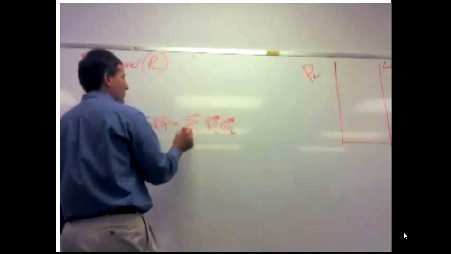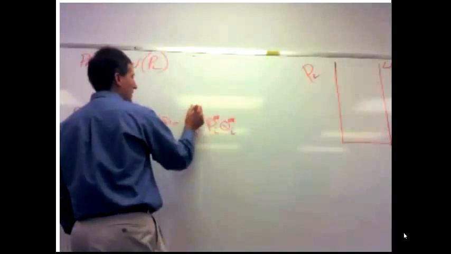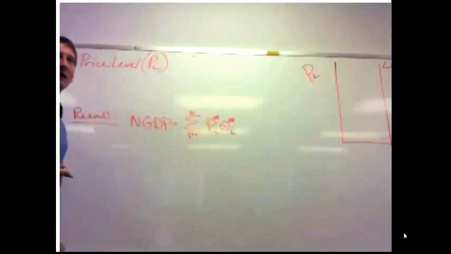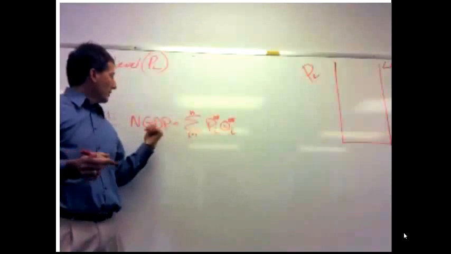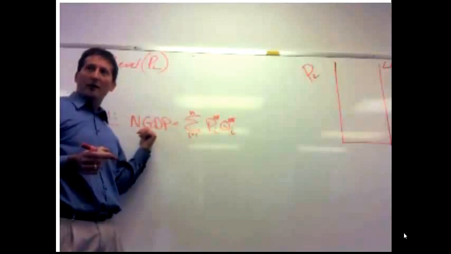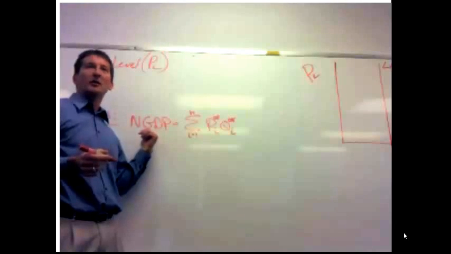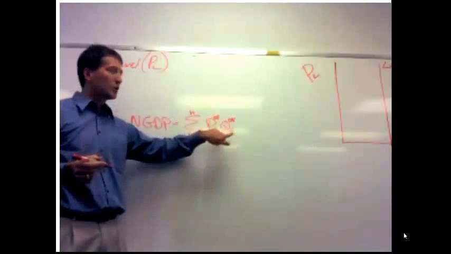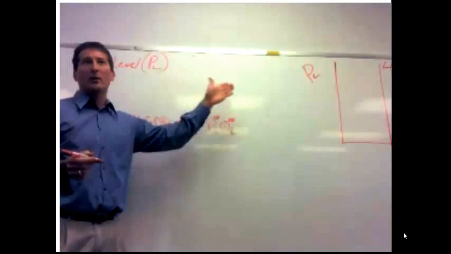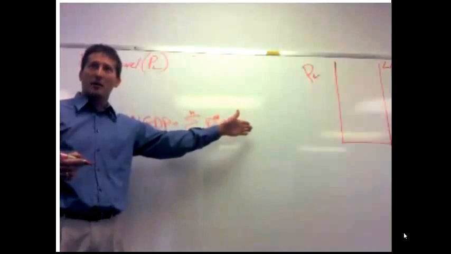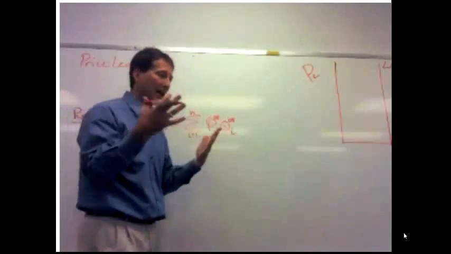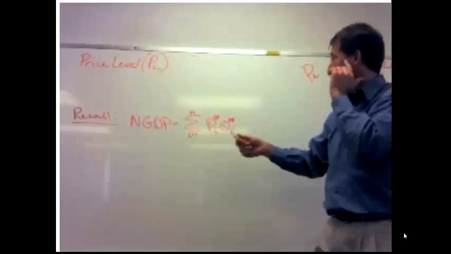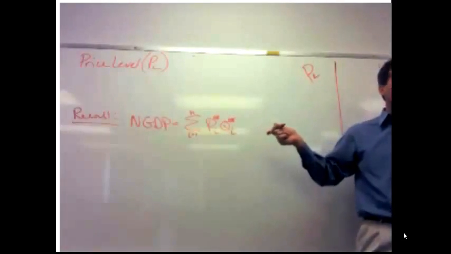If we add up the prices and quantities of all the end goods in the economy, GDP, the dollar value of all final goods and services produced within the nation's boundary over the course of the year, changes for 2 reasons. Prices go up and or quantities go up. So we got 2 things moving. The thing I care about for economic welfare is the Q, the quantity of stuff.